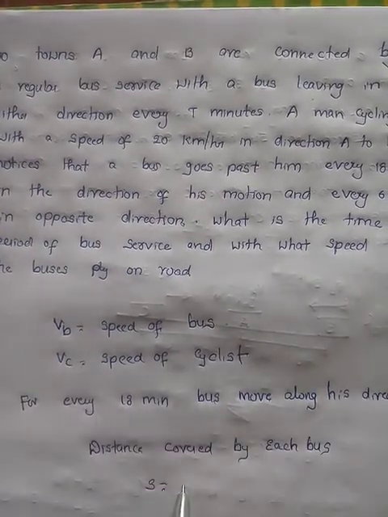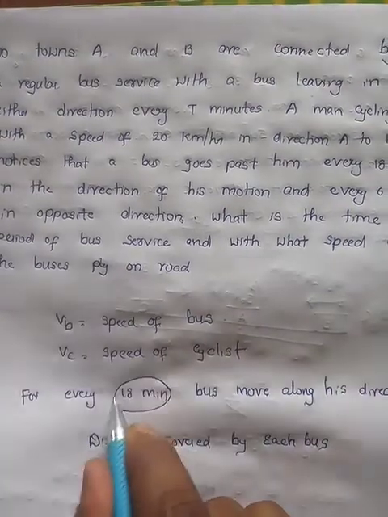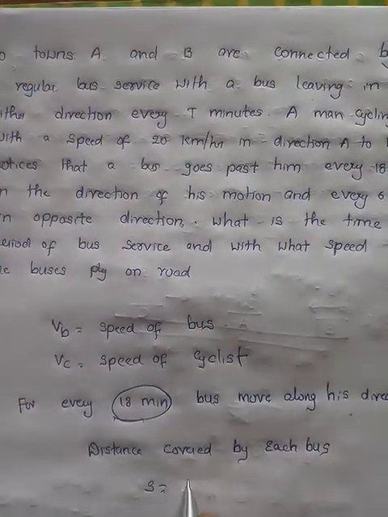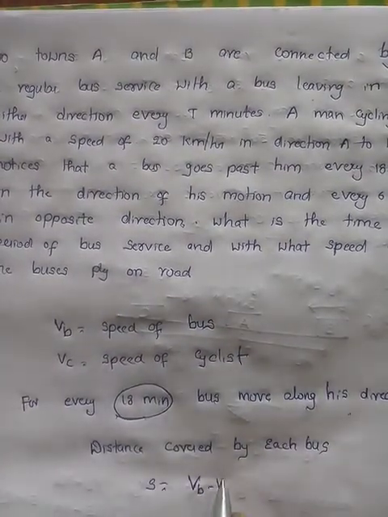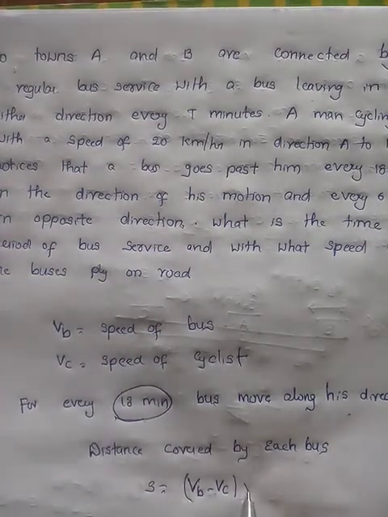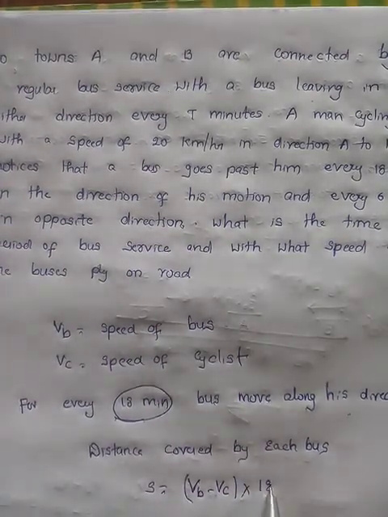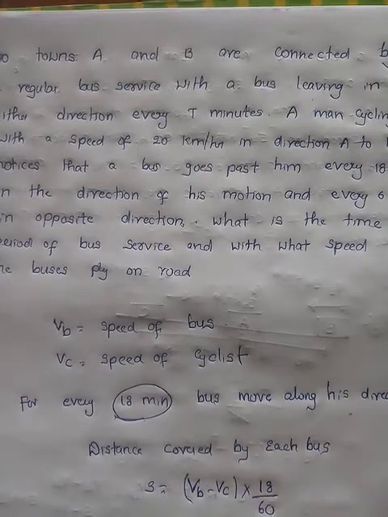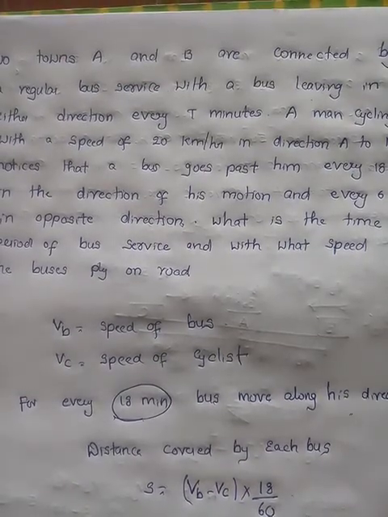S equals velocity times time. The cyclist and bus are moving in the same direction, so the relative velocity is VB minus VC, and the time taken is 18 minutes, so we convert to hours: 18 by 60.